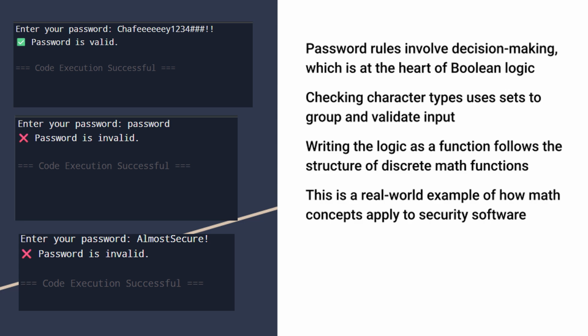We set these rules, and we said that if it didn't meet the common password rule, we would exclude it, and it would be invalid. And on our third example, it's almost there. We're just missing a little bit. We're missing that extra security, but it's still invalid because we're not meeting one rule.